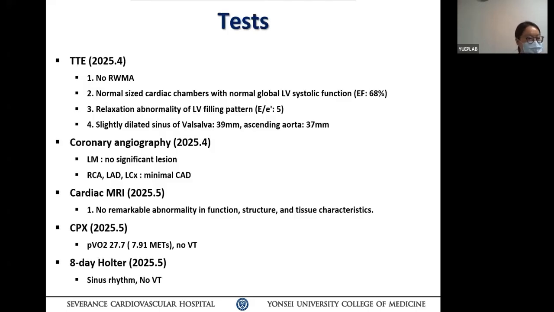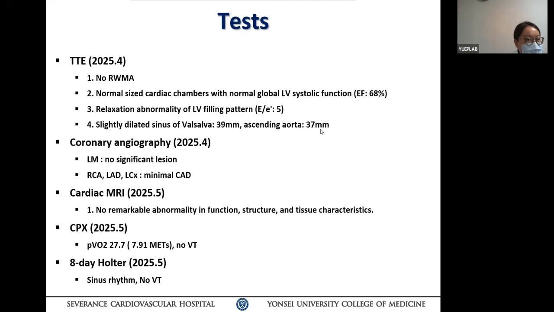In order to exclude structural heart disease and coronary artery disease, we performed several tests, all negative. Echo showed no remarkable findings. We also performed cardiopulmonary exercise tests and 8 days of Holter. However, no significant arrhythmia was recorded.